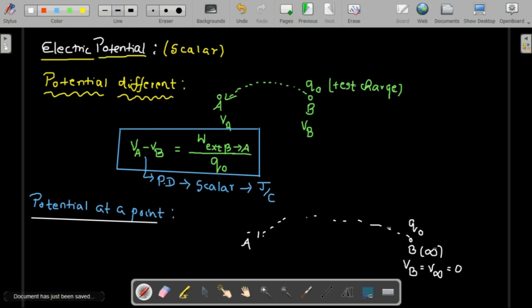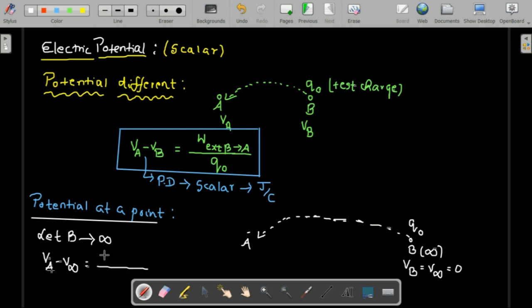So I need to do some work in order to bring this charge from B to A. If I go by this definition of potential difference, the first thing we have to imagine is that this B, the point at which the charge is kept, is at infinity, at a very far distance. That means we are going to find the potential difference as VA minus V infinity. So this is nothing but the external work done in order to bring a charge from infinity to A.